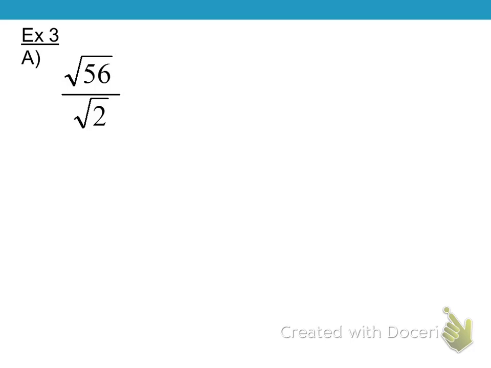All right. Example 3, part A. Okay, step number 1. They're both in radicals. The numerator is in a radical. The denominator is in a radical. And you can see that one is divisible by the other.